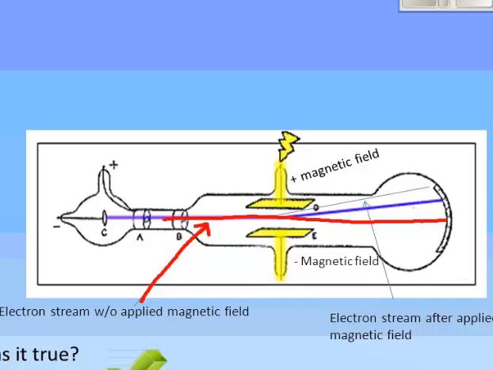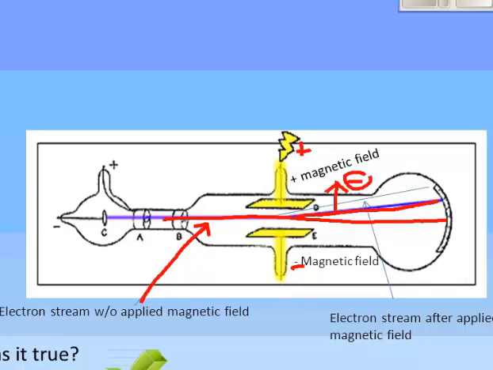Then the magnetic field gets turned on, and you have the positive end up here and the negative end down here. We know by now that opposites attract, so we see when the magnetic field is turned on that it forms that line up top after it's been turned on. And since it's going to the positive end, we know that it has to be negative.